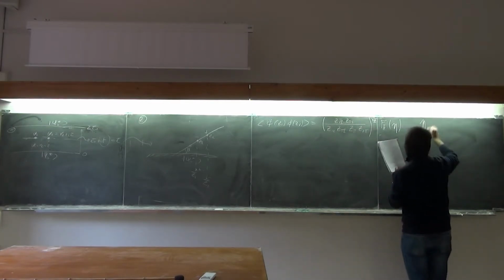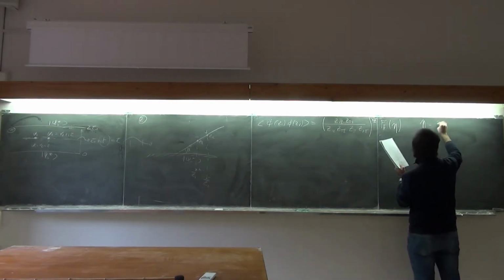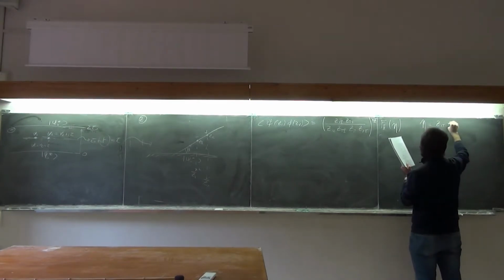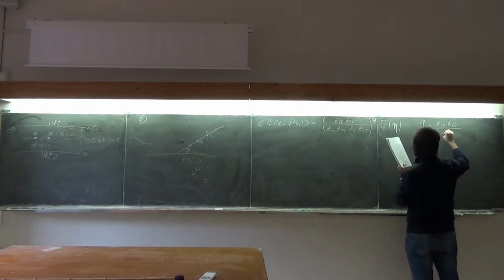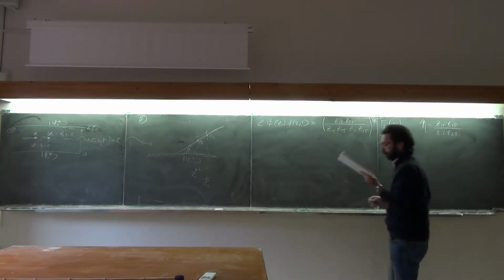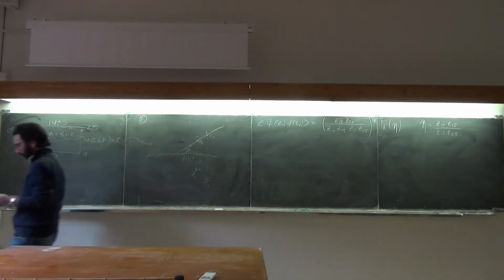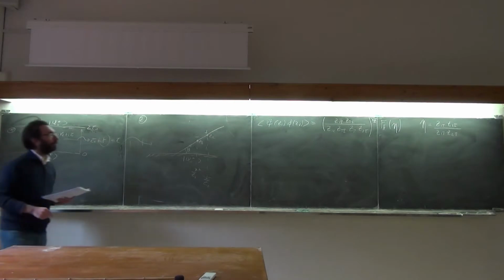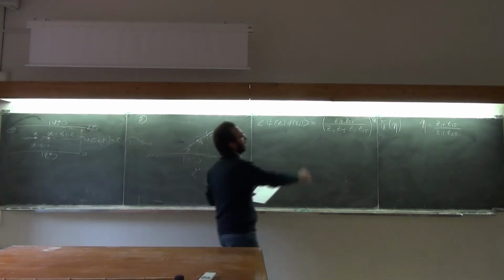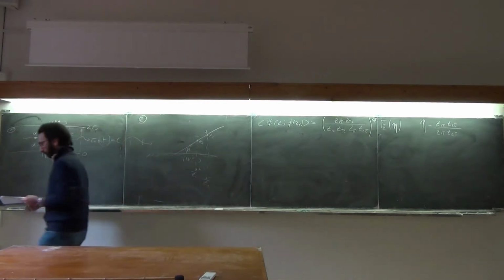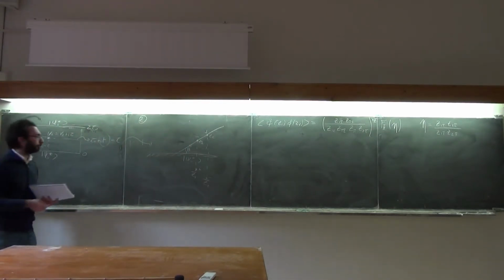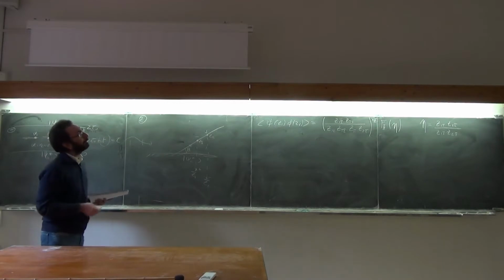The one I choose is Z1 1 bar, Z2 2 bar, divided by Z1 2 bar, Z2 1 bar. Okay, so this is the general two-point function on the alpha plane of a primary operator, obviously.